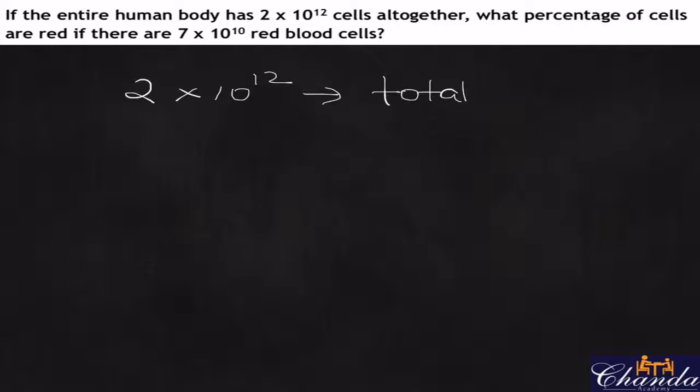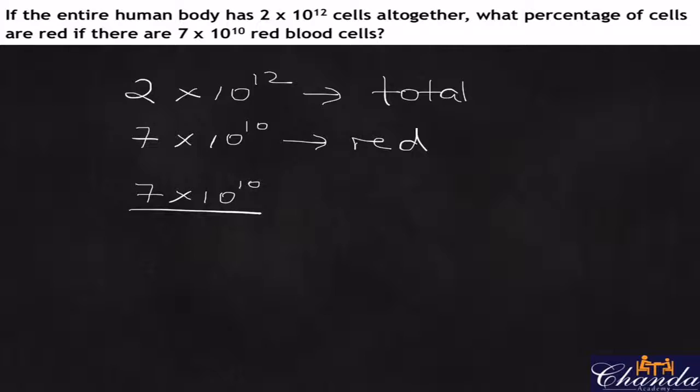Then we have 7 times 10 to the power of 10, which are red. So the percentage of the two would be simply 7 times 10 to the power of 10 out of a total of 2 times 10 to the power of 12 being multiplied by 100 here.